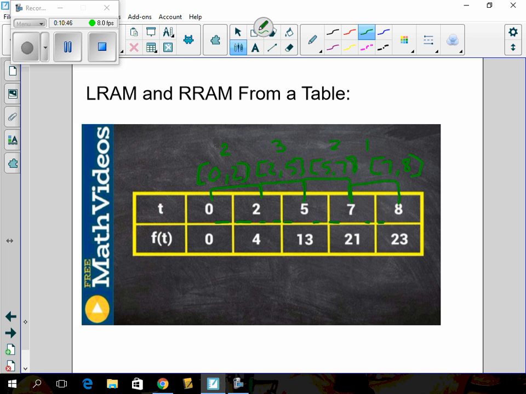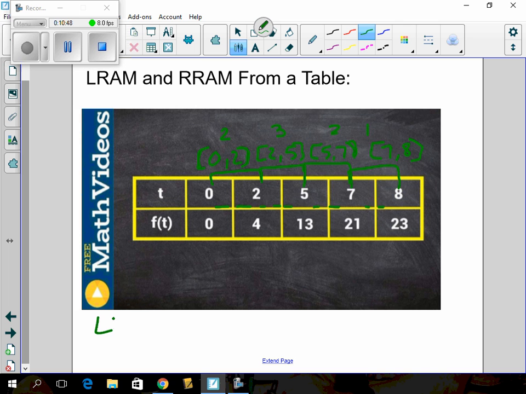For LRAM, I'm going to use the same widths as I get up here. But then my lengths are going to be the left-hand numbers on that interval. So if I look at my first interval from 0 to 2, my width is 2, and my length is the left-hand side, so 0.